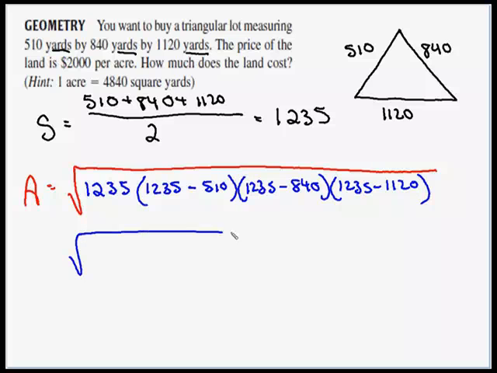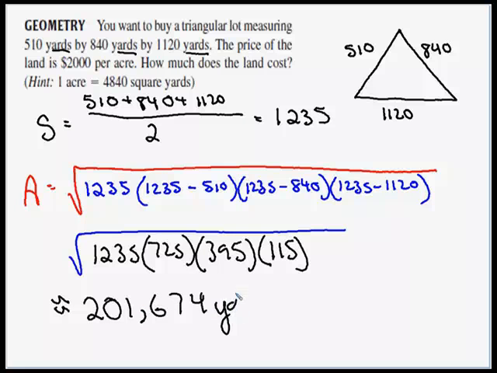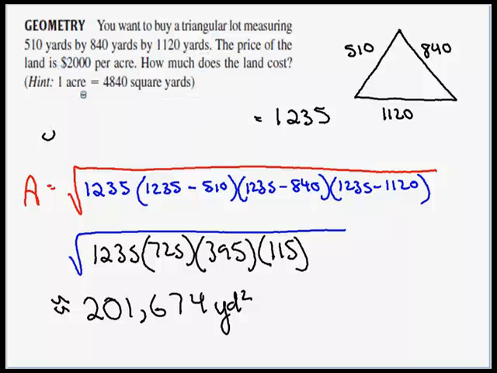And if we keep working on that under that radical, we're going to get 1235 times 725 times 395 times 115. So multiply everything under the radical, hit that square root button, and we get approximately 201,674 yards squared.